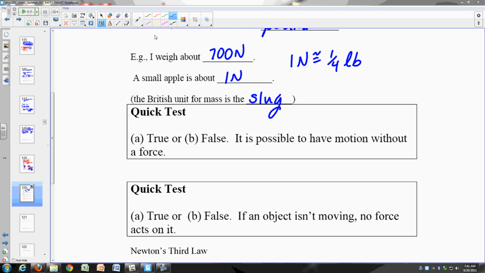Let's try this one. If an object isn't moving, then no force acts on it. True or false? You can think about this in terms of forces don't cause motion, they change motion. They change the way you move.